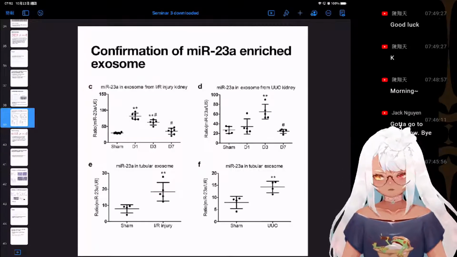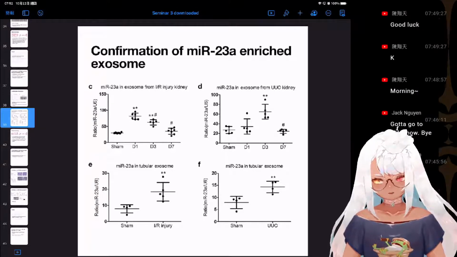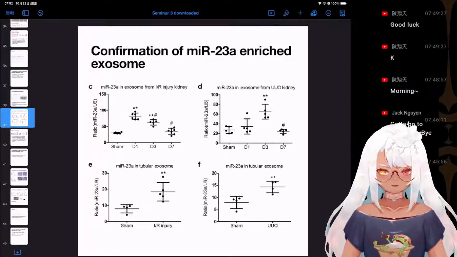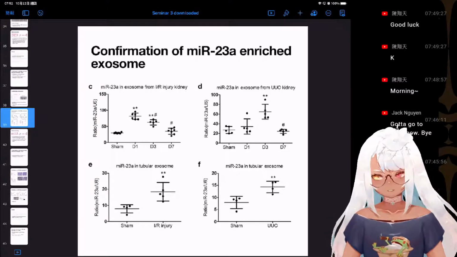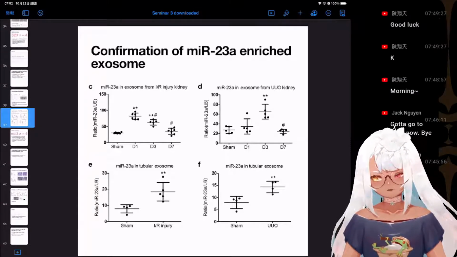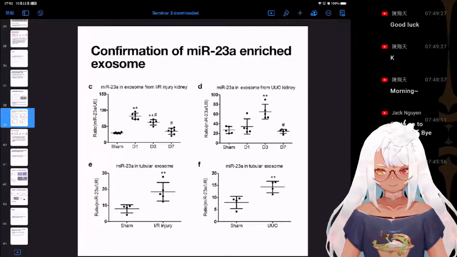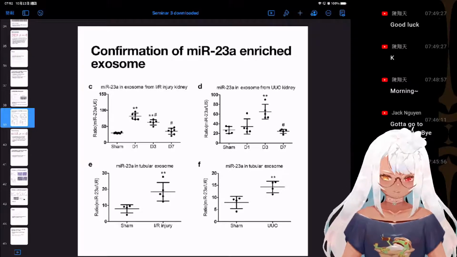I forgot to mention that in figures E and F, E is at day 1 after the injury and F is day 3 after the injury, because as a result in figures C and D, there's an increase at day 1 in the IR kidney, and a significant increase at day 3 in the UUO kidney.